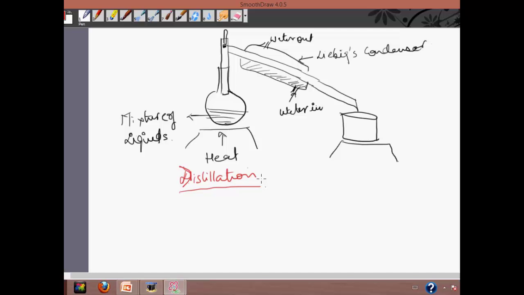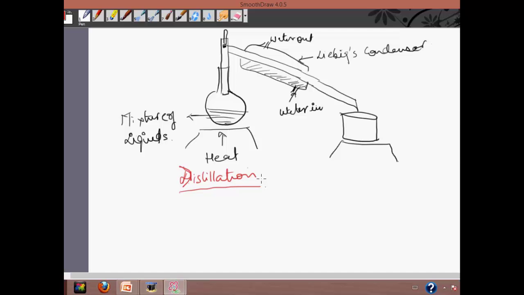On heating this mixture in a distilling flask, the liquid with the lower boiling point changes into vapor first, and this vapor, on being cooled by the condenser, that is a Liebig condenser, collects in the receiver, and the temperature remains stationary until all the liquid with the lower boiling point has distilled over. The receiver is then changed and the heating is continued so as to allow the second liquid with the higher boiling point to distill.